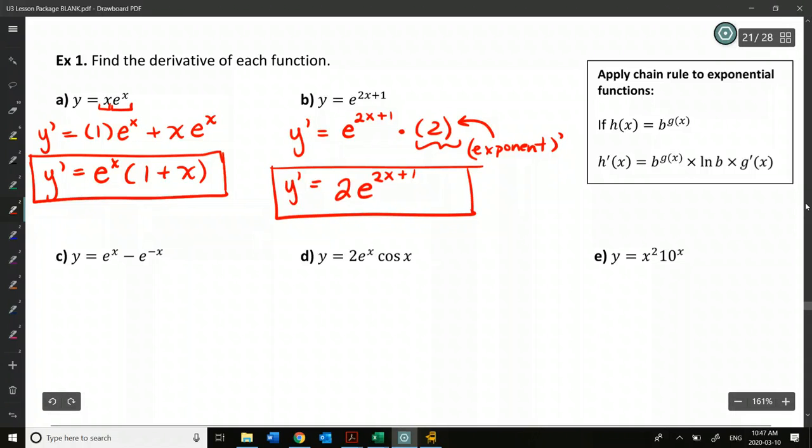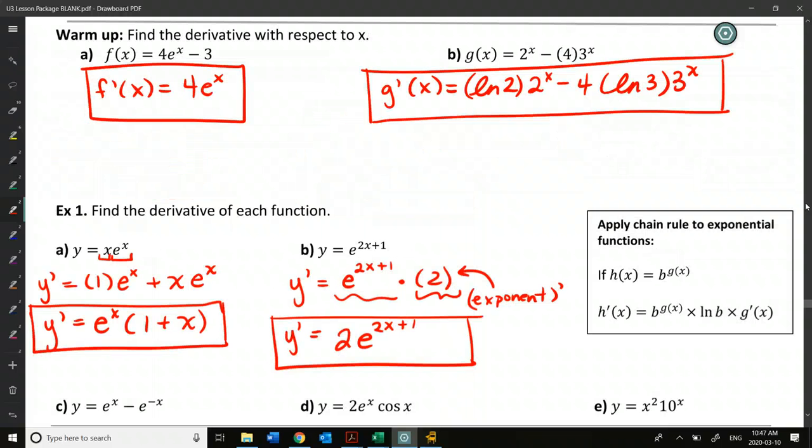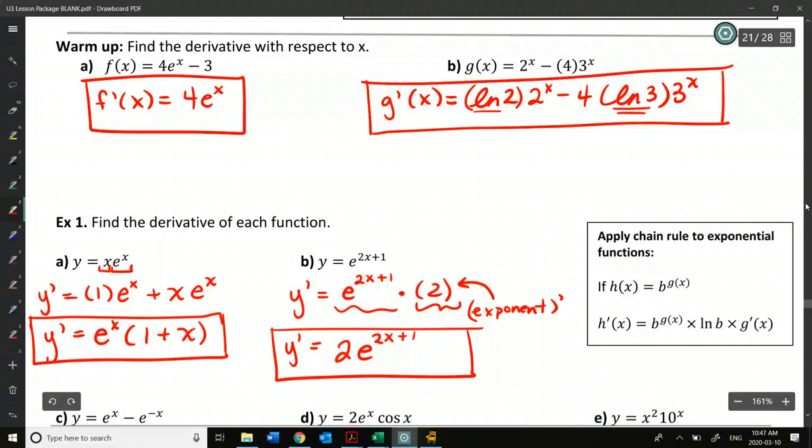You will always multiply by the derivative of the exponent, but also if this was something like 3 to the whatever exponent, you'd also have to multiply by ln 3, just like we did up here. So when your base is anything other than e, the derivative of the exponential is the base back times the ln of the base times the derivative of any exponent. Okay?